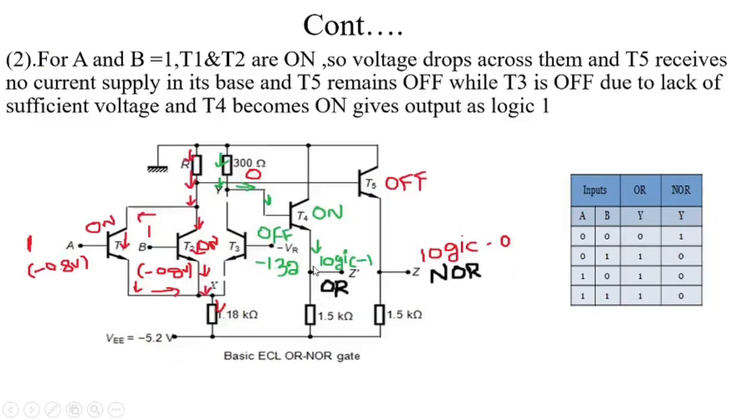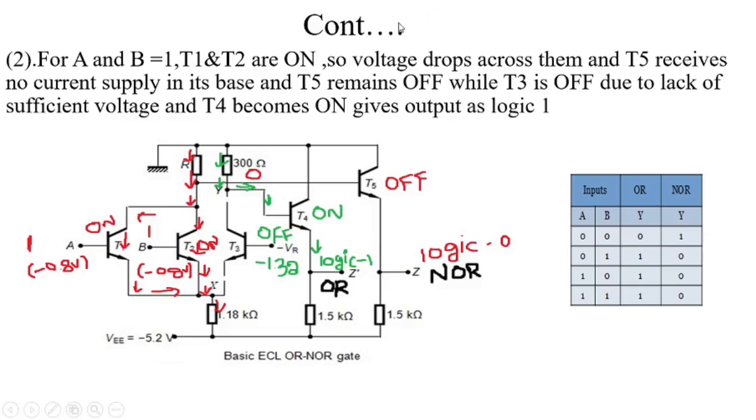The next possible combination of input is A and B equal to 1. T1 and T2 are on, so voltage drops across them, and T5 receives no current supply in its base and remains off, while T3 is off due to lack of sufficient voltage and T4 becomes on, giving output as logic 1.